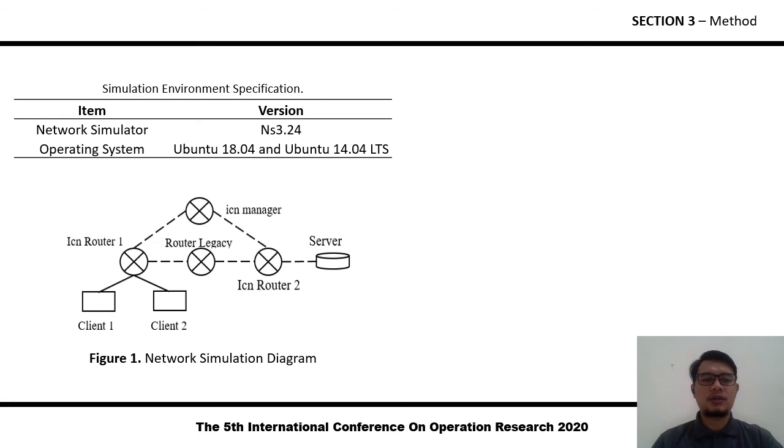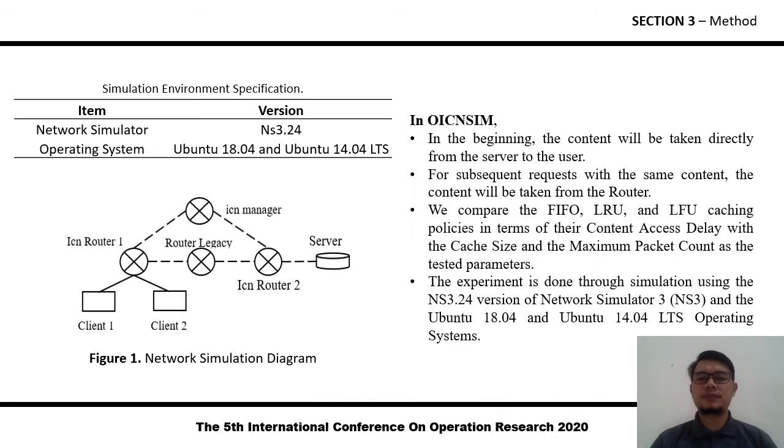It consists of client 1, client 2, ACN router 1, ACN router 2, router legacy, ACN manager, and so on. In the OICN simulator, in the beginning, the content will be taken directly from the server to the user. For subsequent requests with the same content, the content will be taken from the router. In this experiment, we compare FIFO, LRU, and LFU caching policy in terms of their content access delay with the cache size and maximum packet count as the test parameters.